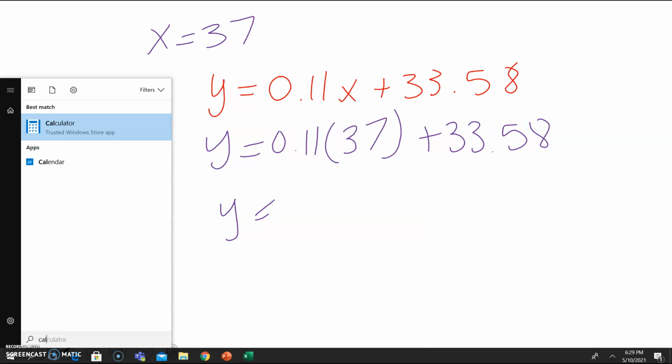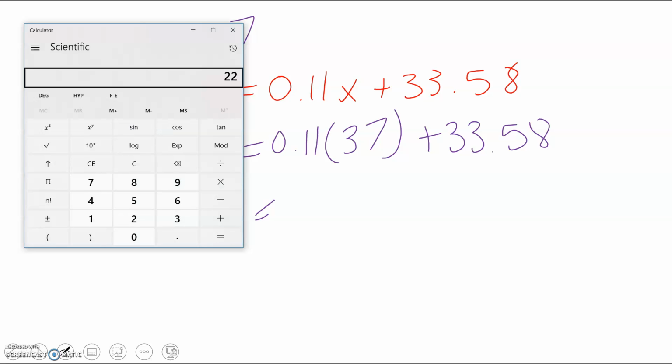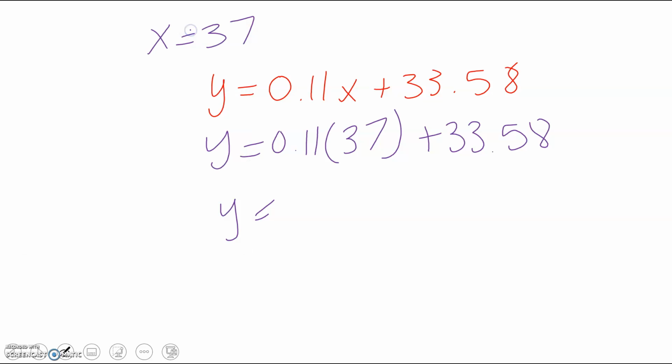Then using our calculator, 0.11 times 37 plus 33.58 gives us $37.65.